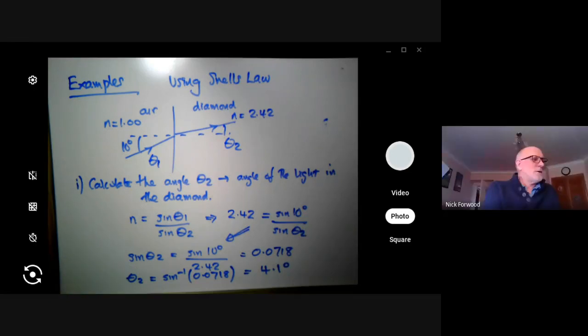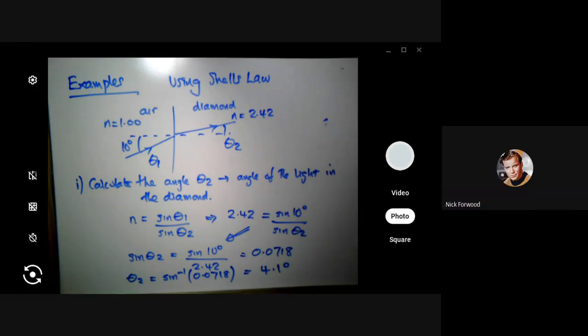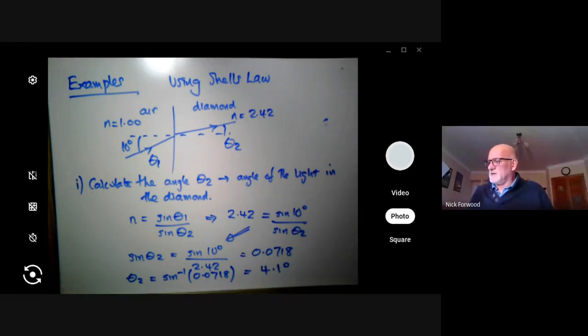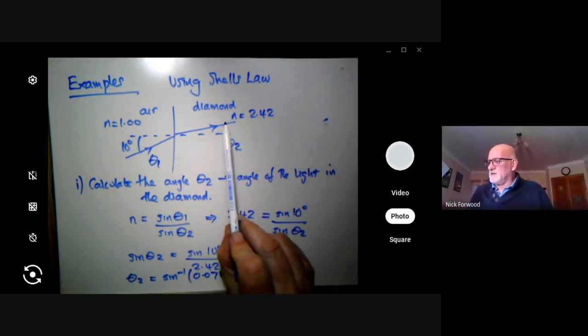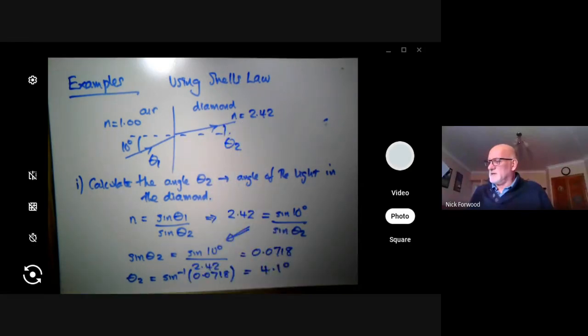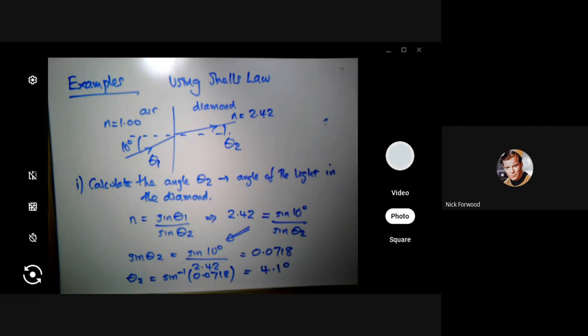What else can we do with that? If we replaced the diamond with glass, what would we get? And this would be a typical question, where you could estimate.